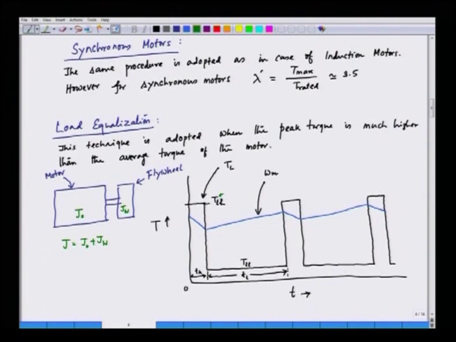We have applied a high load torque, the motor torque will rise exponentially from, let us say, T minimum to a T maximum, and what we are drawing is a periodic waveform.